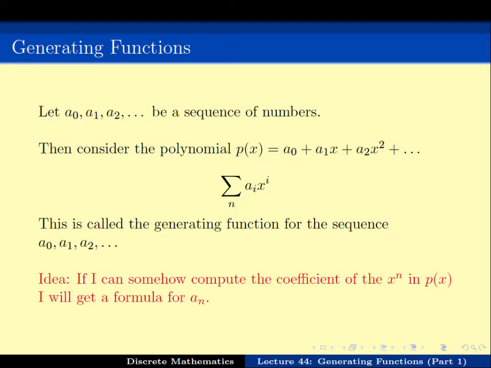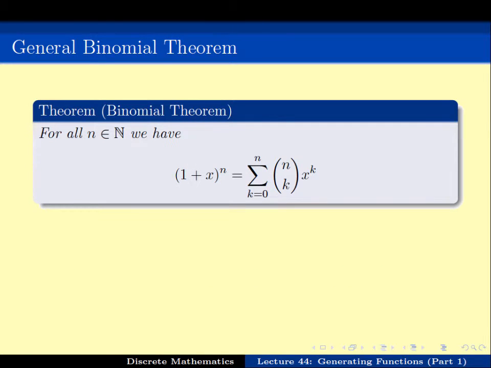We have done it during the time of counting, and we have basically this statement that for all n we have (1 plus x) power n equals the sum over k equals 0 to n of n choose k x power k. Now the important thing is, what is n choose k?